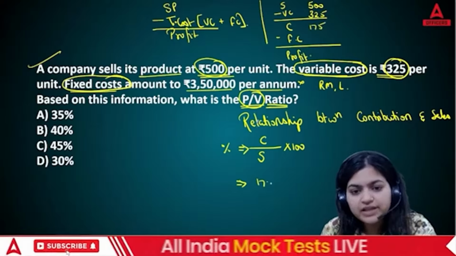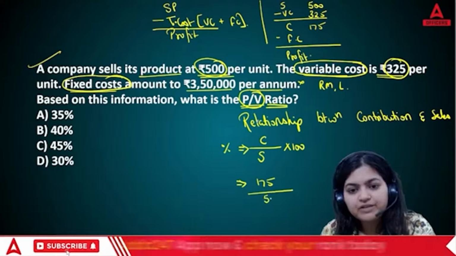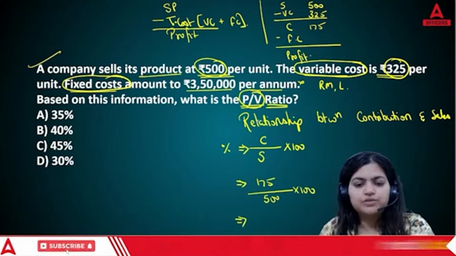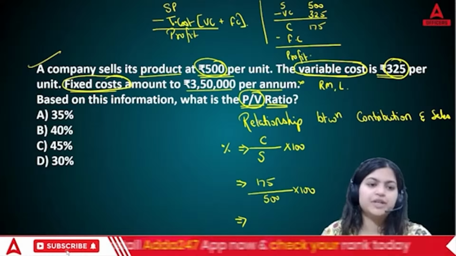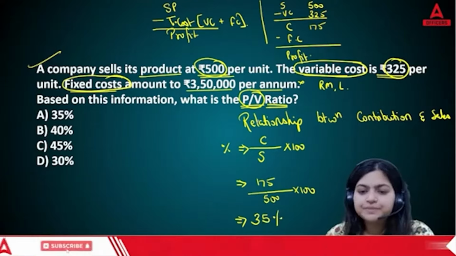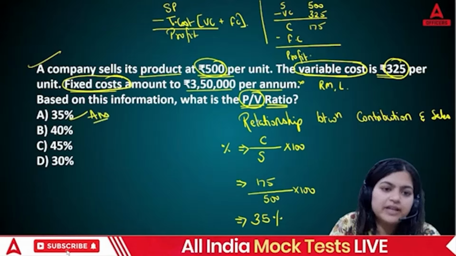So 175 divided by selling price 500 into 100. So the right answer is 35%. So here the right answer is answer A.